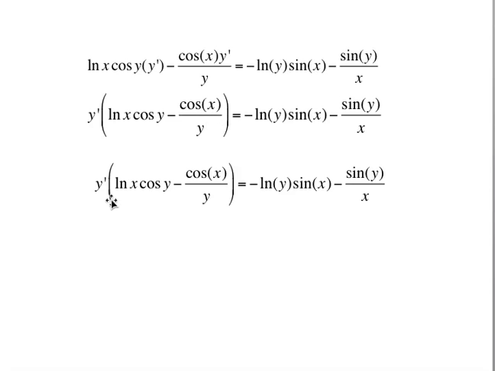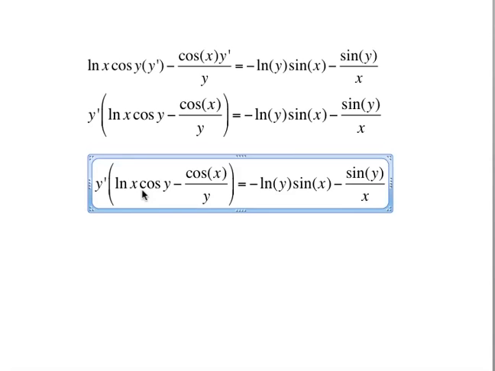And then you're trying to get the y prime by itself, so you would take this entire factor right here and you would divide it over to the other side of the equation. So your final answer would end up being, I don't have it written on here, but it would be y prime equals this negative natural log y sine x minus sine y over x, all divided by this quantity right here.